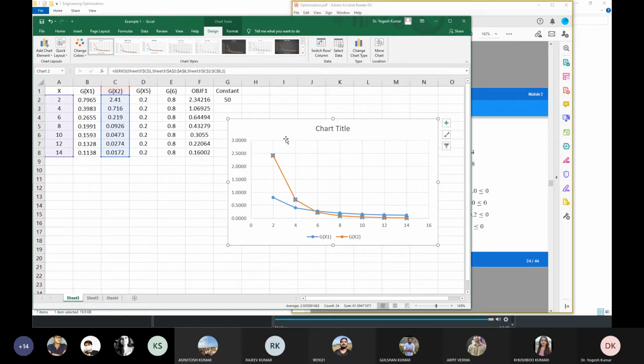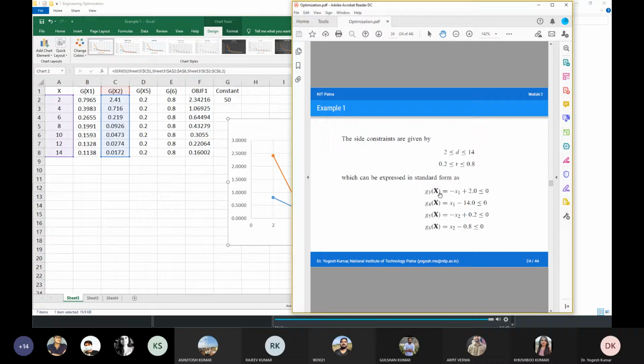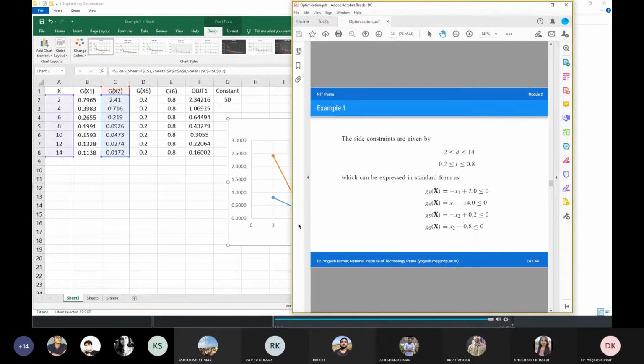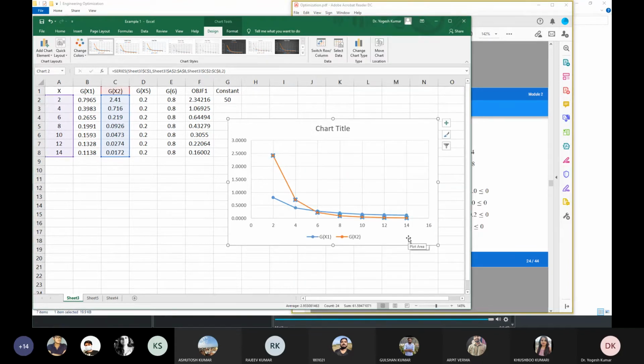These constraint G3 I have not drawn, because this is easily identifiable as a line parallel to the y-axis passing through this point 2. Similarly, for G4, we will have another line parallel to the y-axis at x equal to 14.